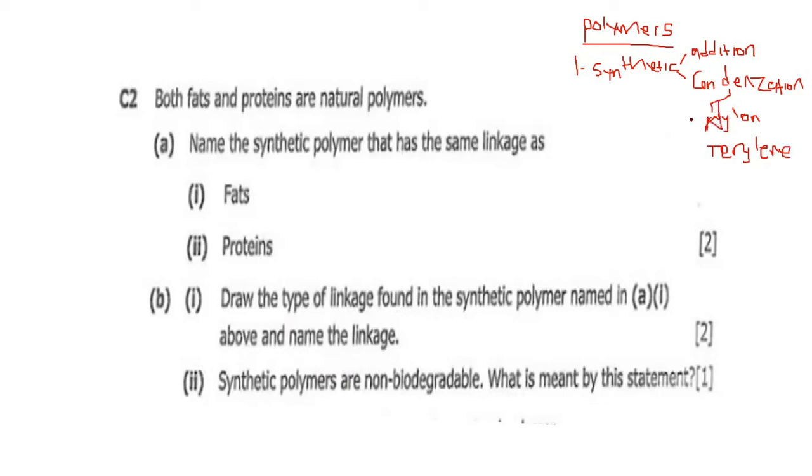Now nylon, the monomers of nylon, we have what we call a diamine. A diamine will look something like that, where we have N here, then we have an H, H and H there. Then this side also, we have another amine group, which makes it di, to become 2.